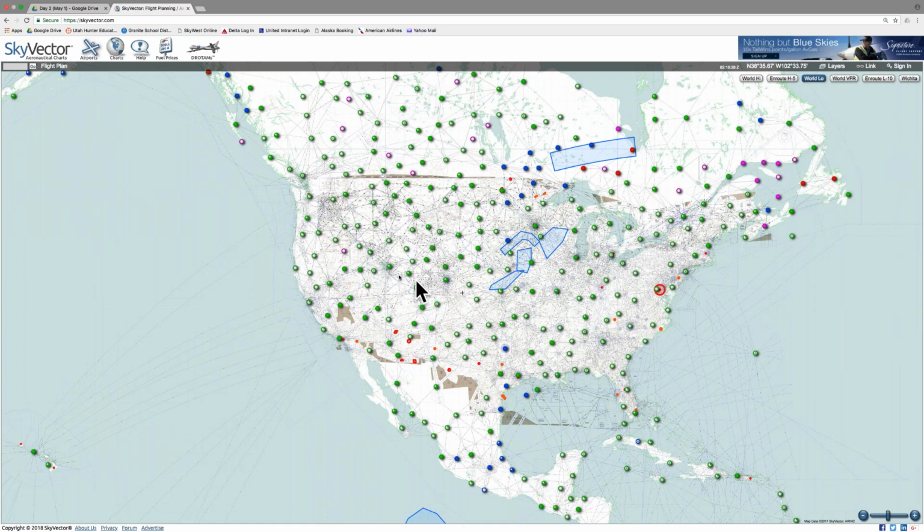The major airlines, their main focus is to get from these major hubs throughout the United States. They want to get to these major hubs and then use the regional airlines to get everybody in between those different hubs.